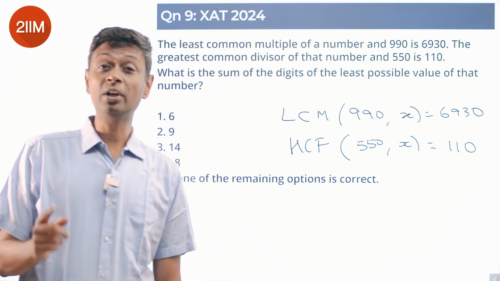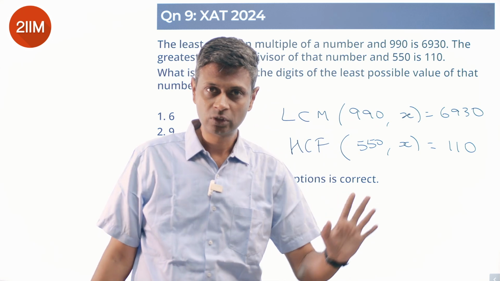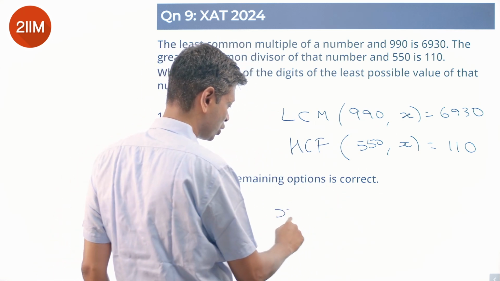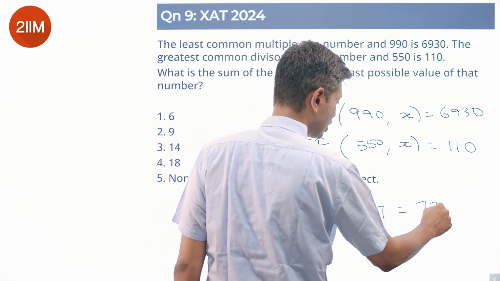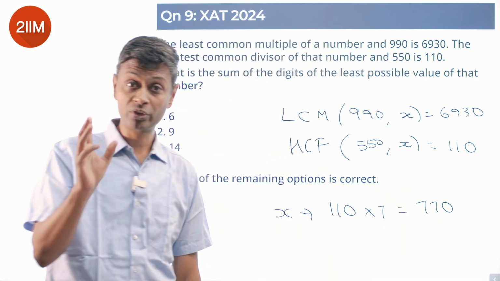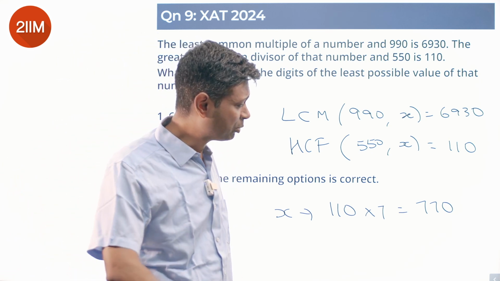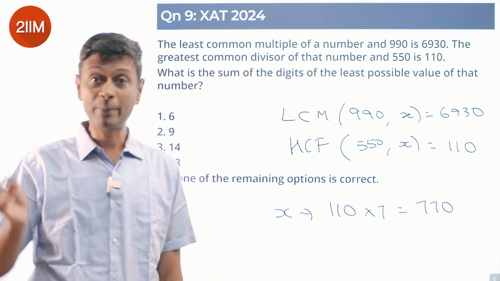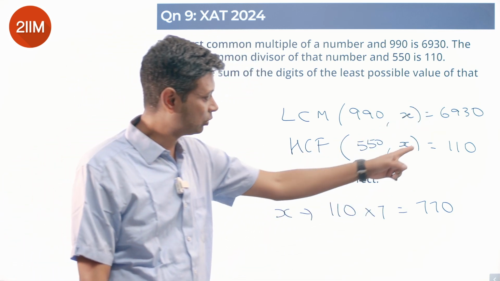So x is a multiple of 110 and x has a 7 in it, or x should have 110 and 7 in it. It should have a 770 in it. It could be a multiple of 770. It need not be 770 itself. It could be some multiple of 770 which happens to be a factor of 6930, which will automatically be a multiple of 110.